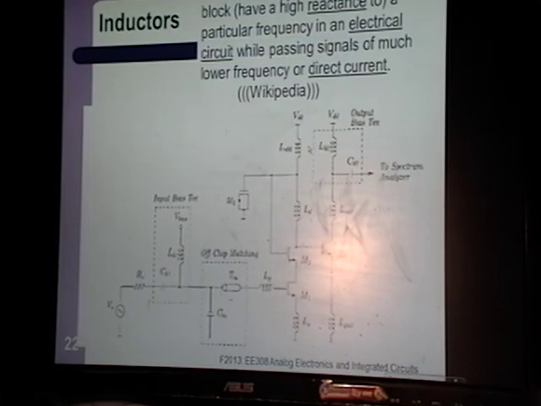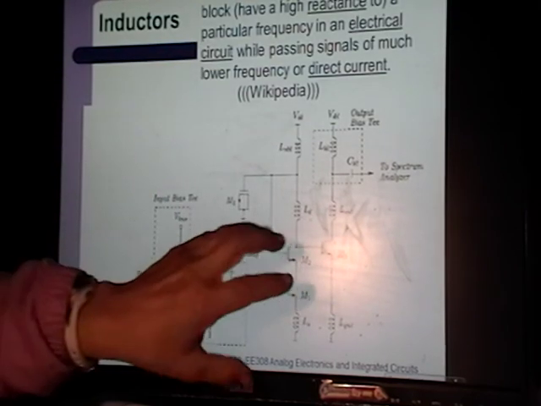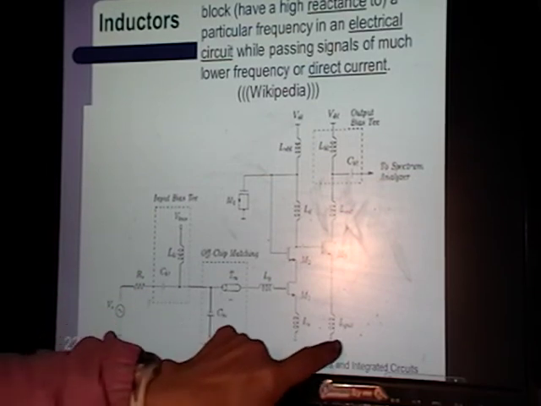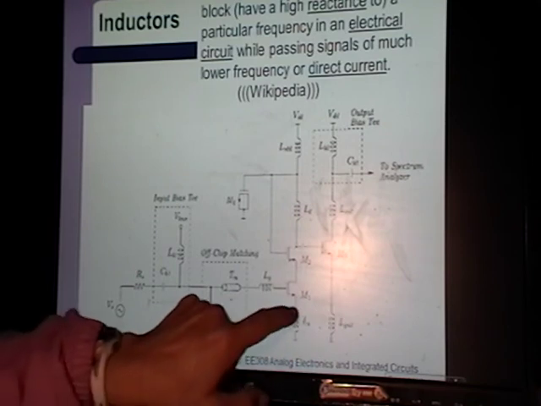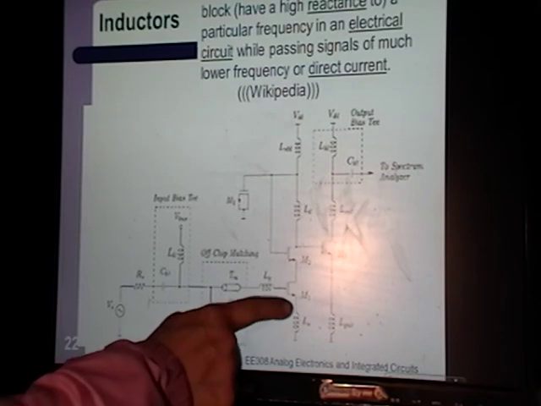Okay, we're skipping that. This is a low noise something or other, but you can see that there's inductors every place to keep DC values at. So this right here would keep this at this voltage.